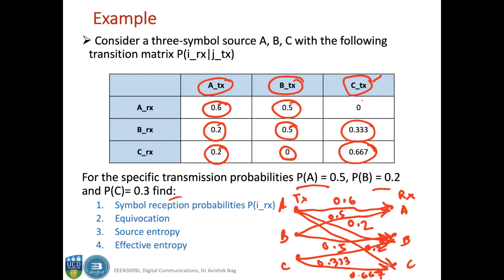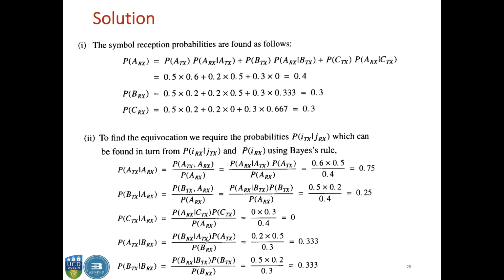So this is also a kind of a discrete memoryless channel, and you are asked to calculate all these received symbol probabilities, and then the equivocation, the source entropy, and the effective entropy. So what we will do, we will calculate the symbol reception probabilities by using the conditional probabilities. So probability of getting an A in the receiver is probability of transmitting an A, and then the conditional probability of receiving A given an A was transmitted.